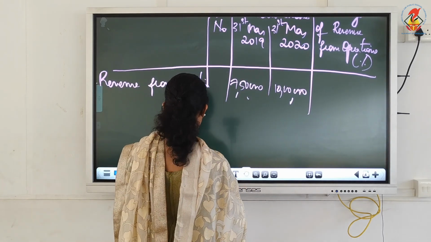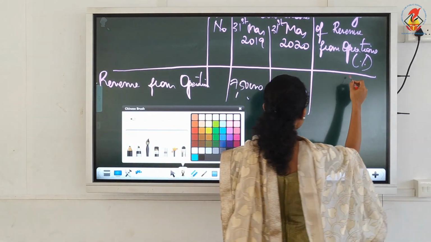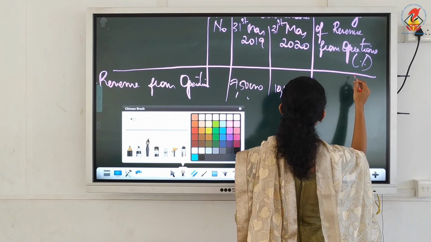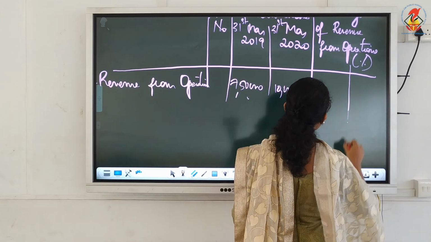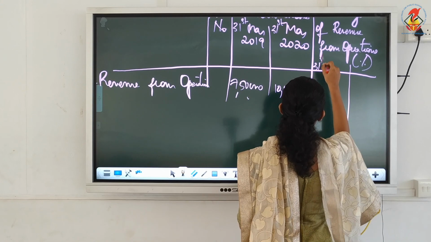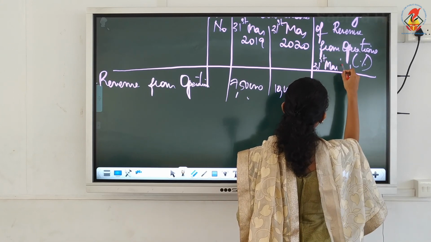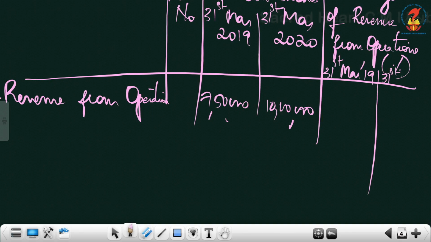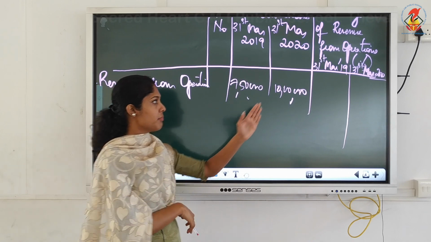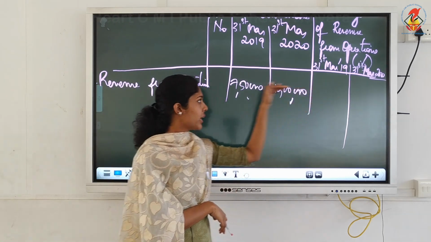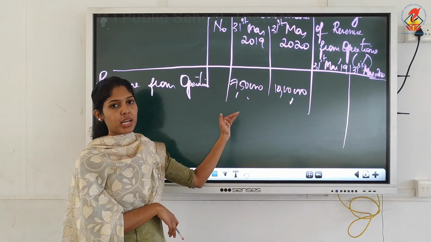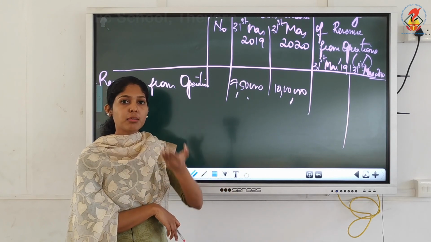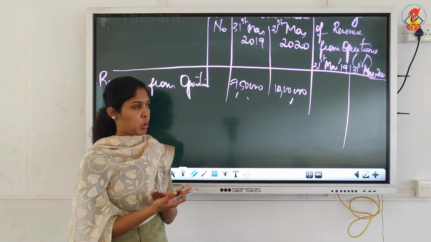That percentage column you have to divide into 2, because we are converting for 2 years, 31st March 2019 and 31st March 2020. Each year will be converted into percentage, and the base will be the revenue from operations.